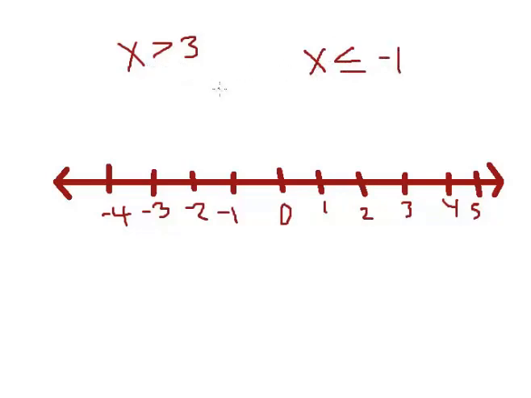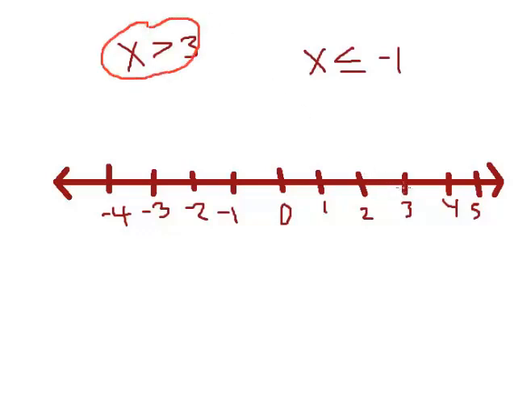X is greater than 3 means that x can start over here, and it can go all the way on this side of the number line, but not on that side. So if I want, let's use a different color in order to make it a little bit more clear. Here, let's use red for this line. X is greater than 3.